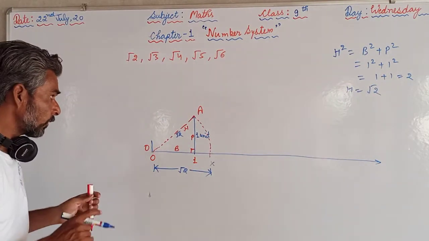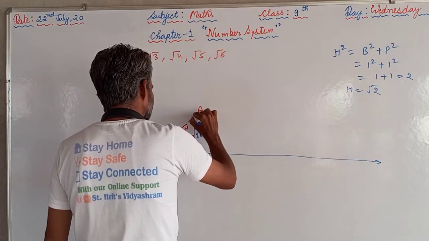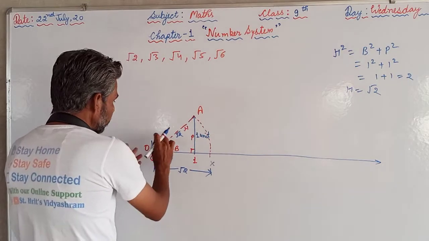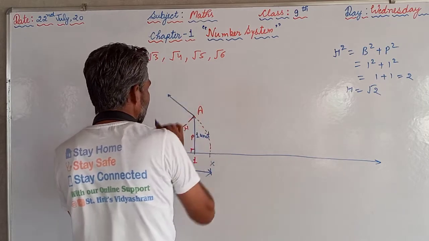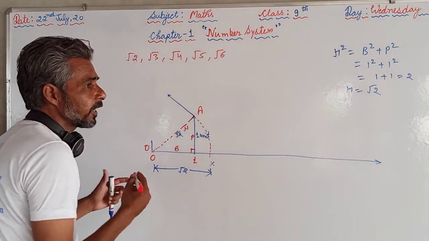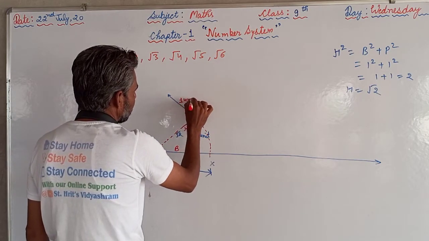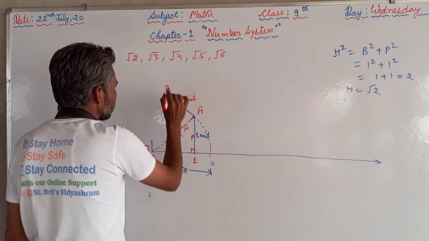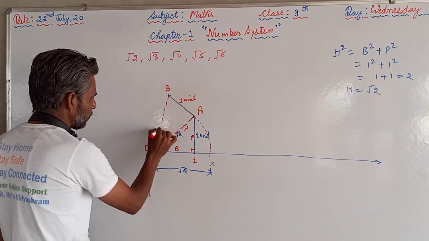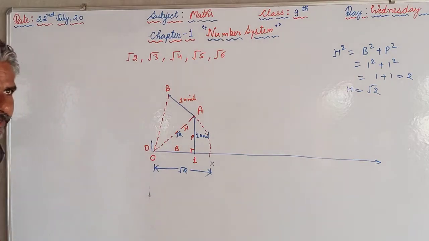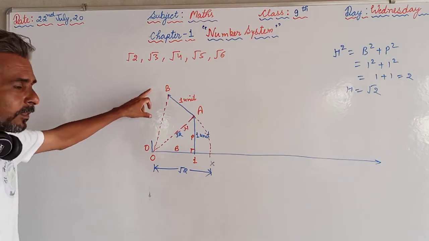Now for under root 3 we will take again. Now we will draw the perpendicular on OA, and the height will be 1 as well. What will its height be? 1. So 1 unit, and suppose this is the point B. Again we will join this, and now we will take O again as the center and OB as the radius.